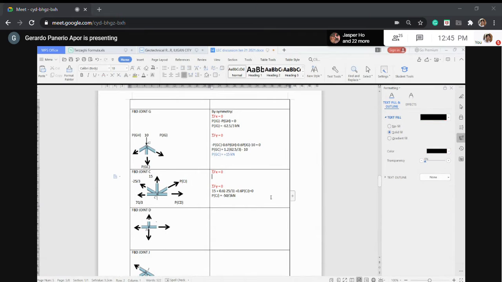So here, if we sum up forces x equals to 0, we have P, CD, we have plus, we use 0.8 rather than 4.5, PCG, then we have minus 70 divided by 3, then we have minus again 0.8 times negative 25 divided by 3 equal to 0.